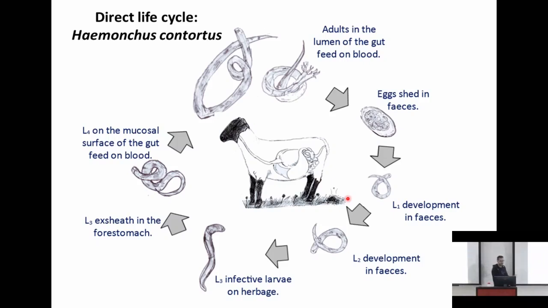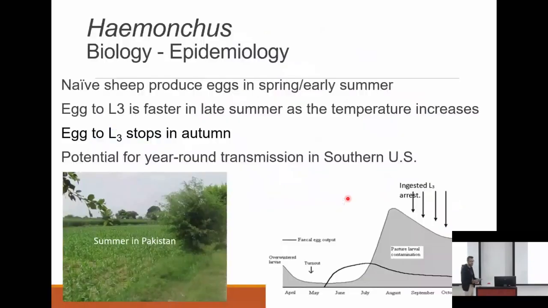Once you know that, you can easily understand the concept of this Haemonchosis disease or any other Trichostrongyle nematode disease. Okay, great. So for the epidemiology or the seasonal pattern of this disease, naive sheep produce the eggs in the spring or early summer. So now you know the life cycle. It means that eggs are in the feces in the spring and summer.